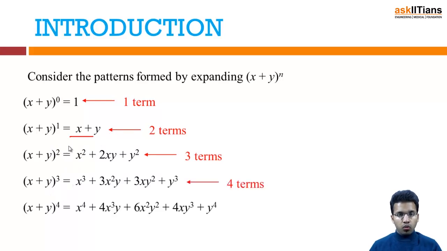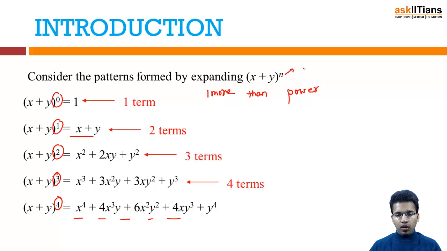Okay, so one thing which we have noted from here is the relation between the power and the number of terms. The number of terms is 1 more than the power. Okay, that is the first important result, 1 more than the power, or we call it the index.